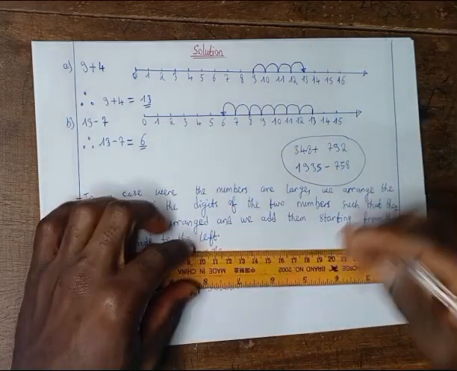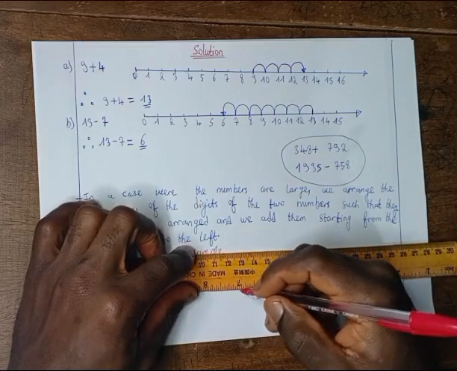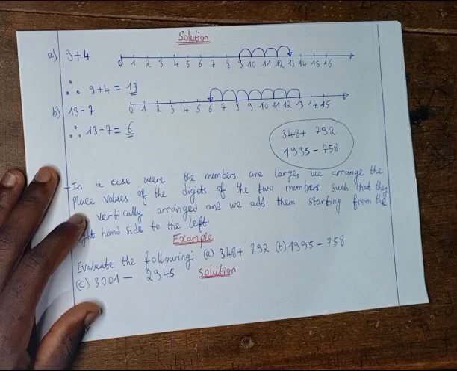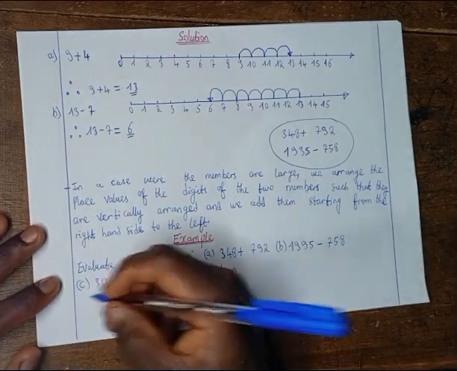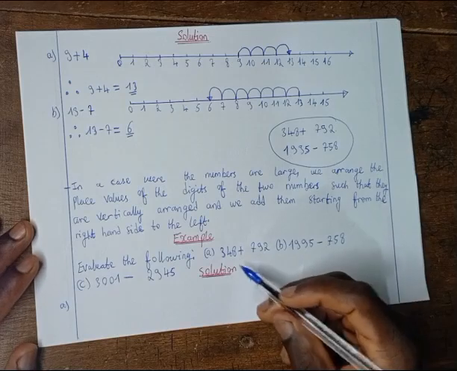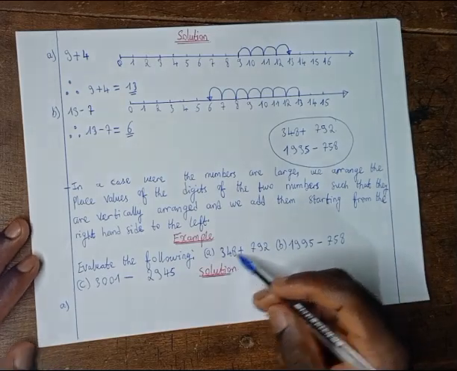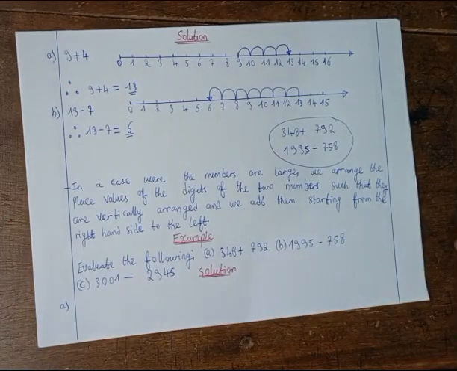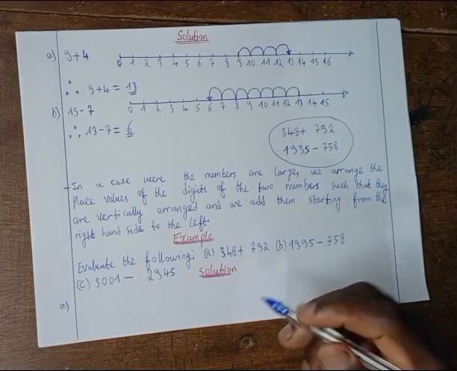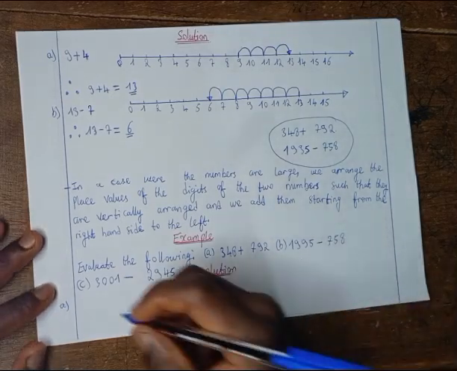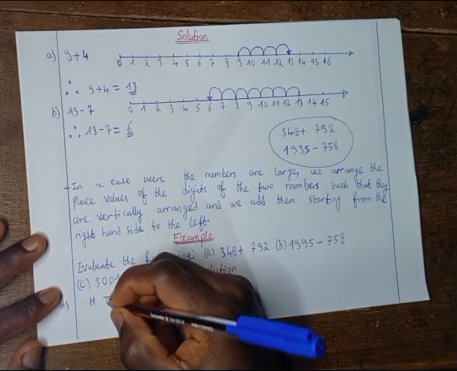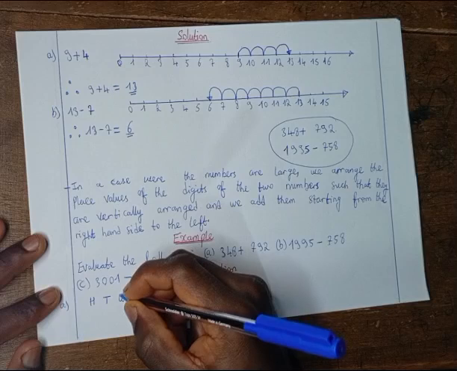Let's take the solution, the answer then. Take the first question, A. We are to add the numbers 348 and 792. In the number 348, we know the highest place value is hundreds. So let's write out the place values: hundreds, tens, units.